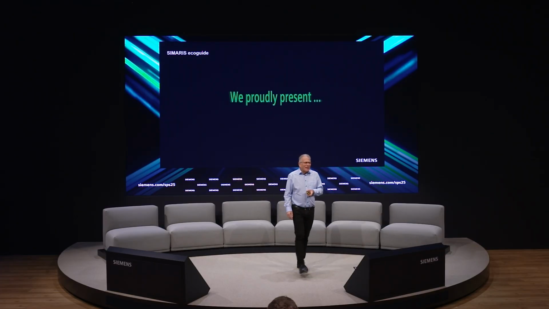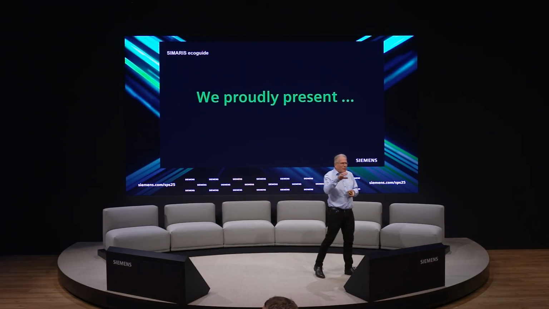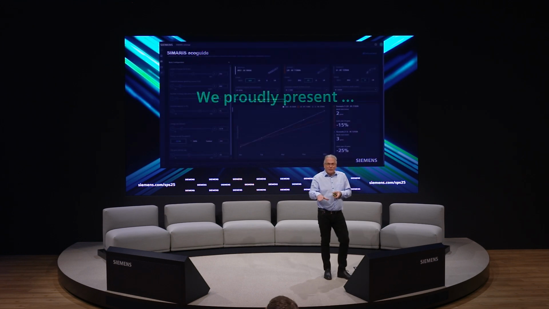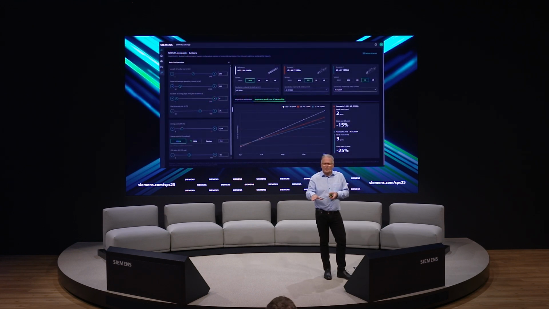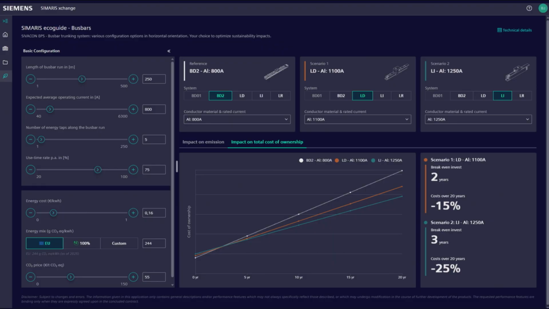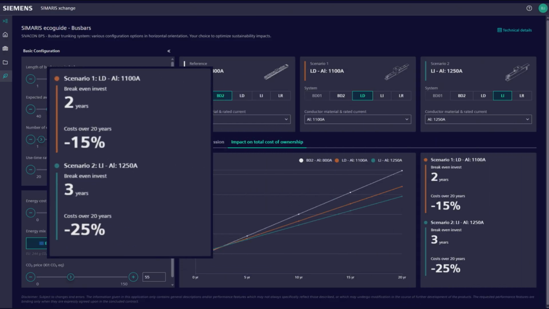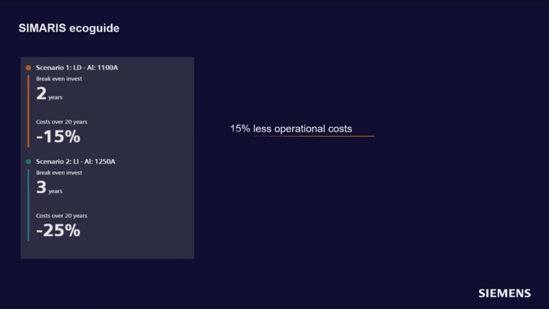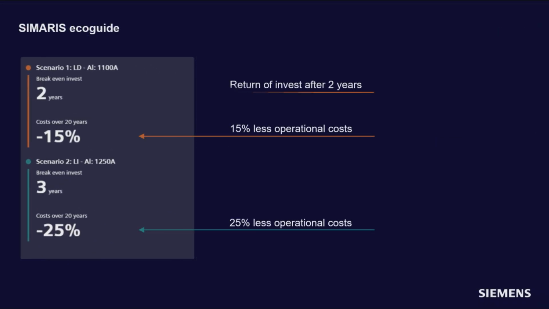So, ladies and gentlemen, and now we proudly present the new Eco Guide. It's the first time we are showing it on a fair. We finished it, I think, 2 weeks ago. It's brand new, the so-called Eco Guide. What is the purpose of this tool? We want to show the planner how easy it is to decrease CO2, to decrease energy losses only by oversizing.